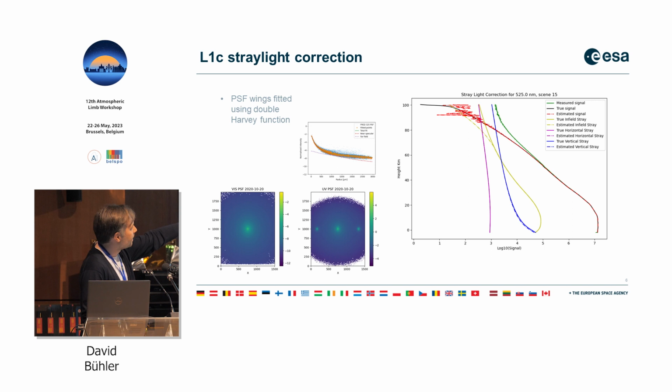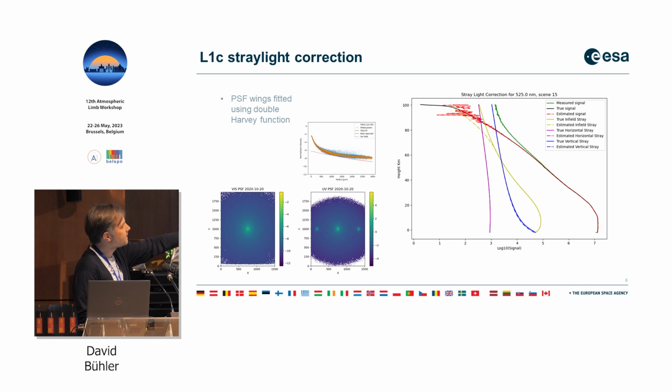And in there, this PSF can be fitted by Harvey functions, so we can extend it if needed. And then we can use this PSF in order to recover the true spectrum, and an illustration of this is provided on the top right.